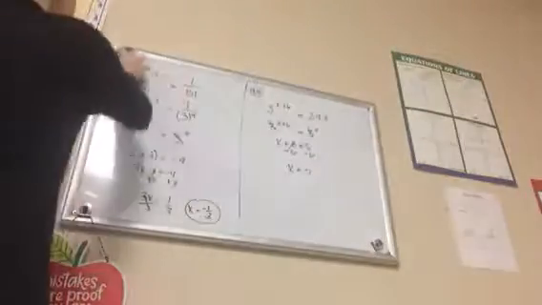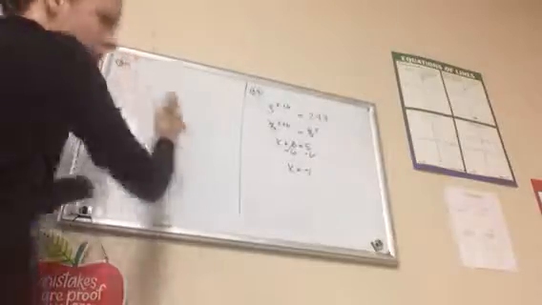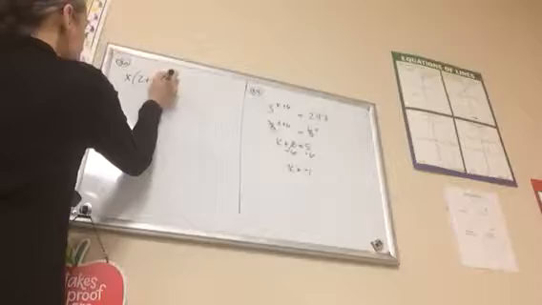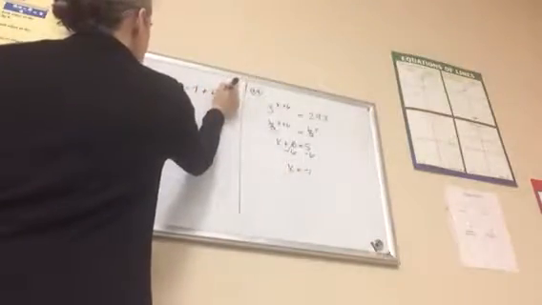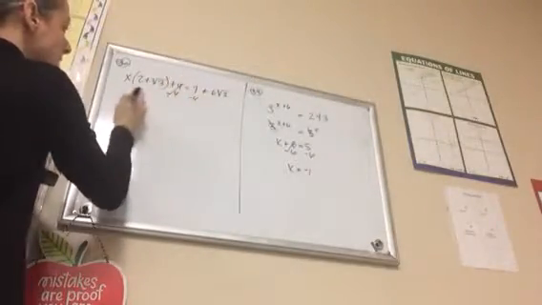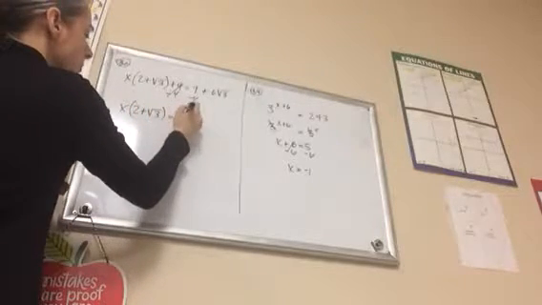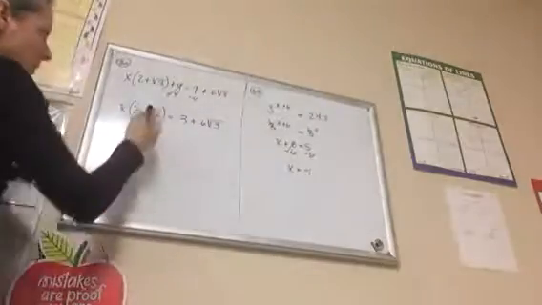Problem 36. x times 2 plus the square root of 3, plus 4, equals 7 plus 6 times the square root of 3. First thing we want to do is subtract 4 from both sides, and we see that x times 2 plus the square root of 3 equals 3 plus 6 times the square root of 3.